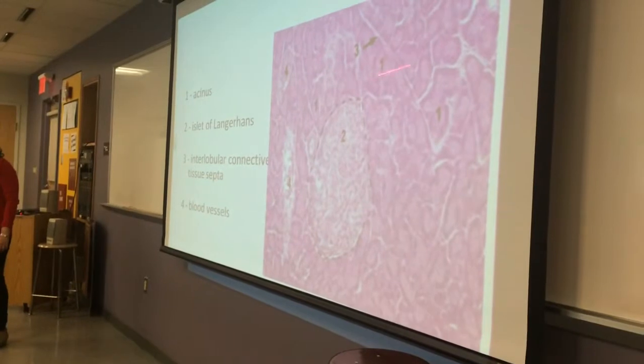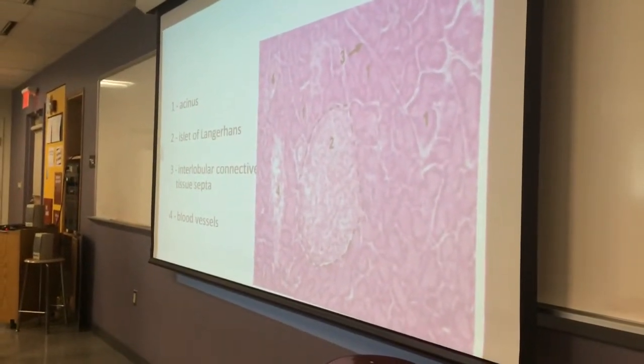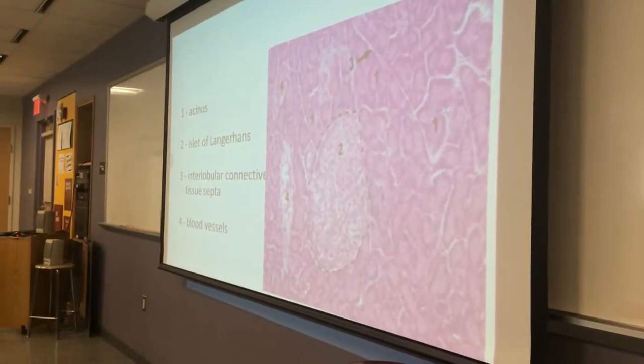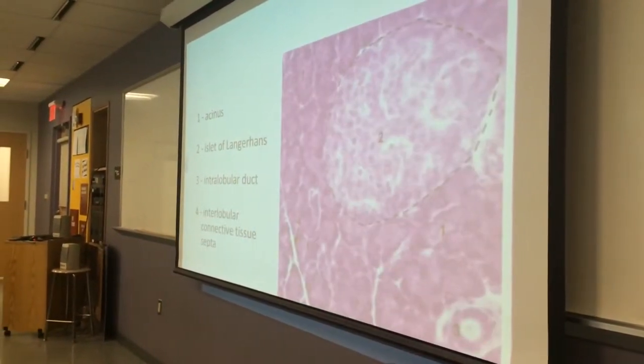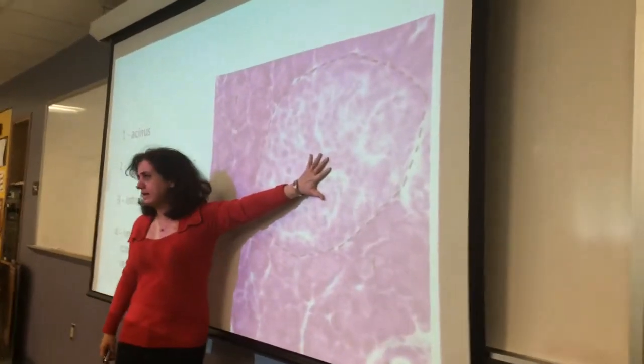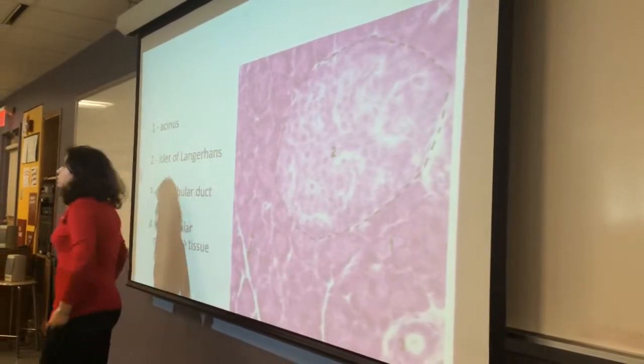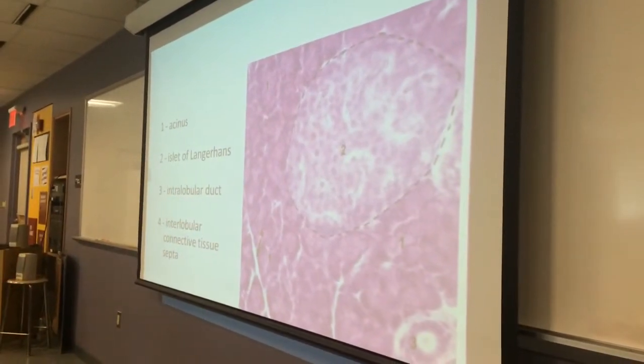All of these pinkish purple parts that you can see here are called acini, and the acini are the exocrine part. In the pancreas, you just have to know that the island here is the pancreatic islet, and all of these cells here are called acini, which are the exocrine part.